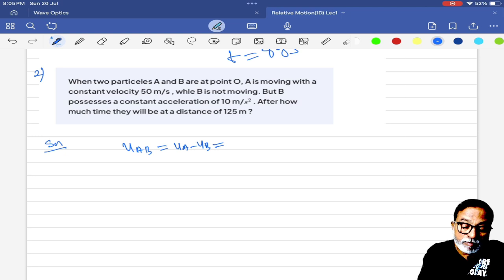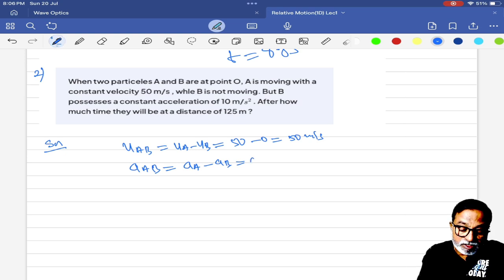Here A is moving with constant velocity 50 and initial velocity of B is equal to 0, therefore 50 meter per second. Next, acceleration of A with respect to B, acceleration of A minus acceleration of B. A is moving with constant velocity, therefore acceleration 0, but acceleration of B is 10. This is minus 10 meter per second square.